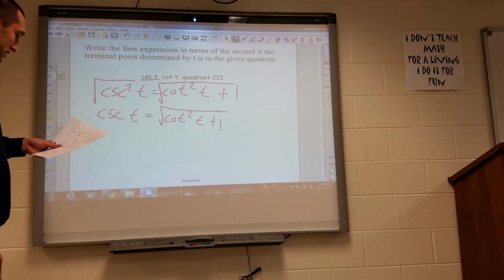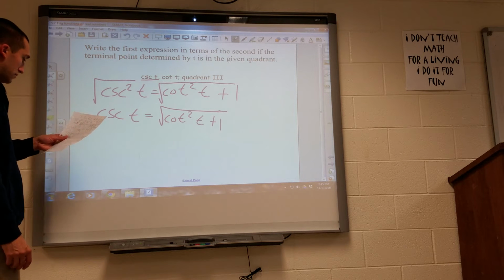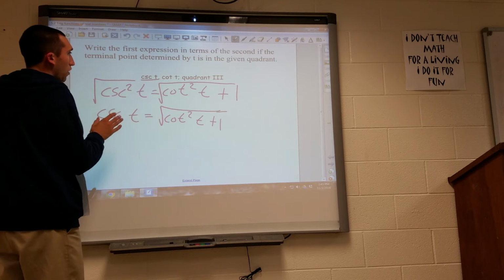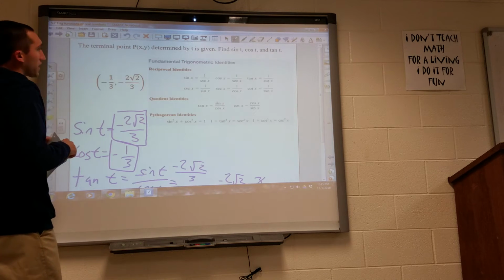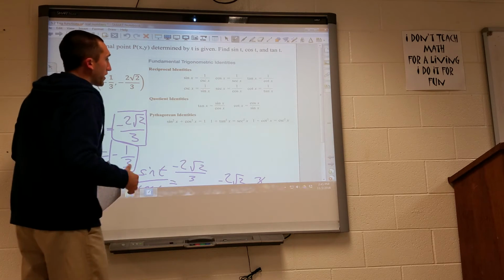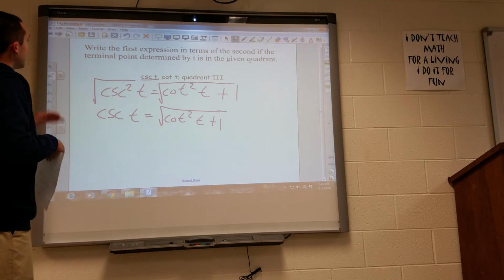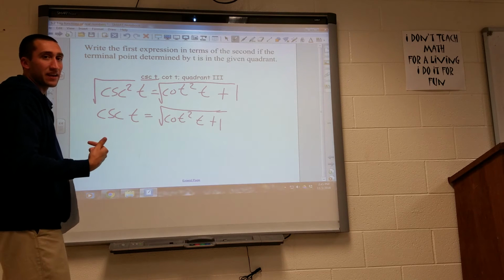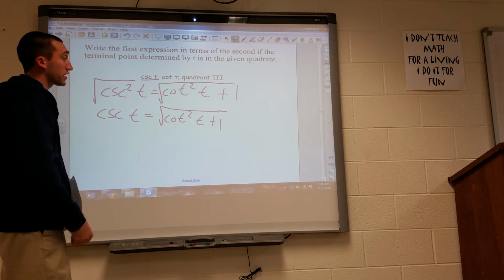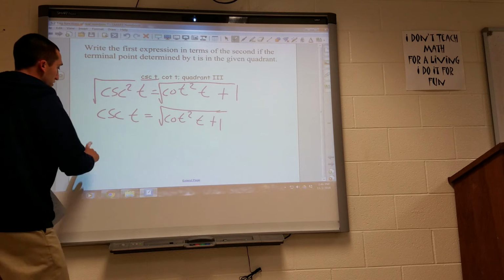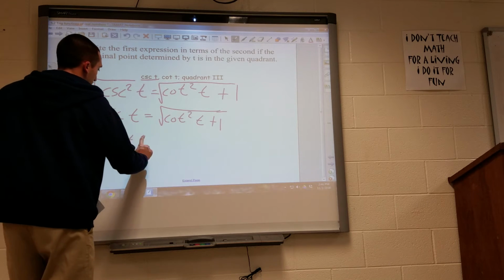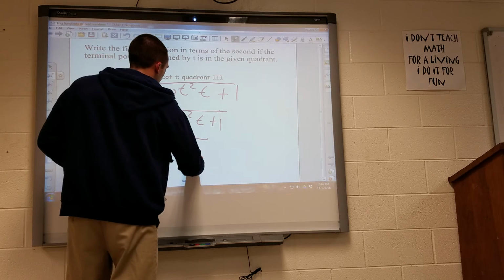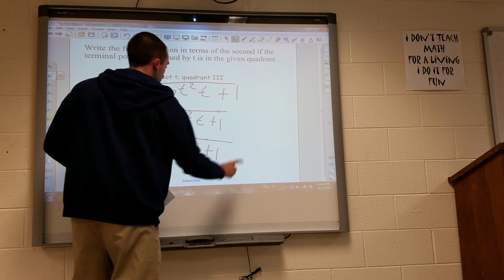Also, since cosecant is 1 over sine, well, since I'm in the third quadrant, and cosecant is negative in the third quadrant, because the y is negative in the third quadrant, that means my cosecant of t has to be equal to the negative value of the square root of cotangent squared t plus 1.